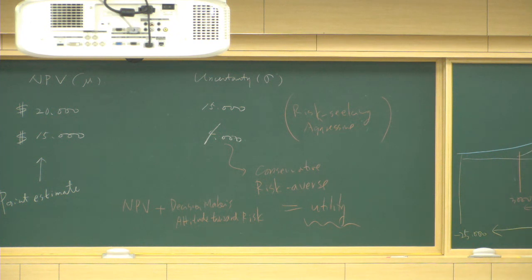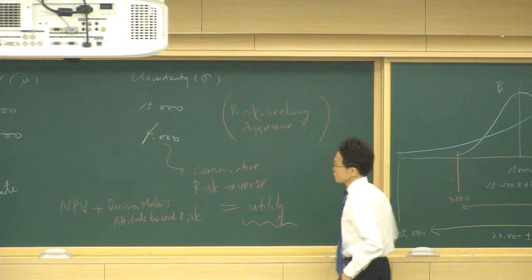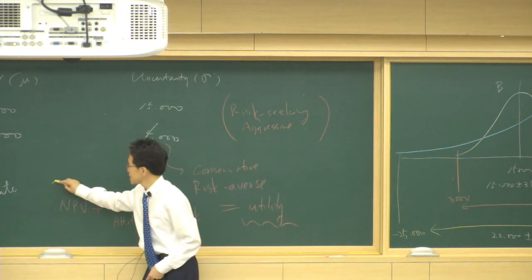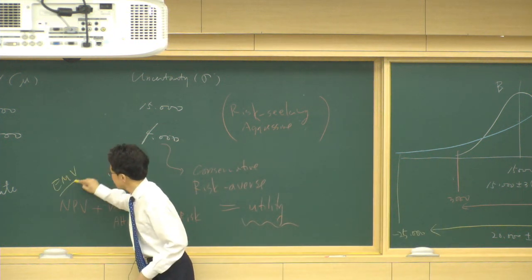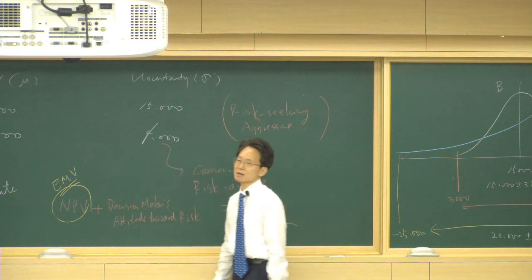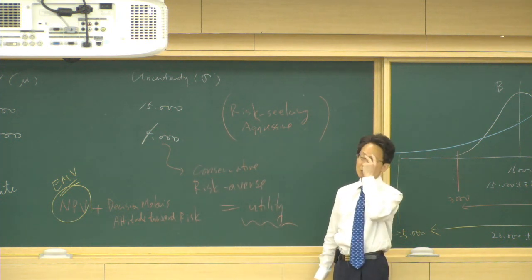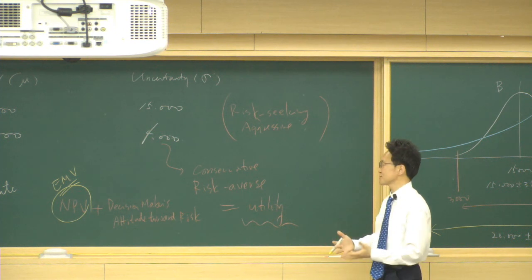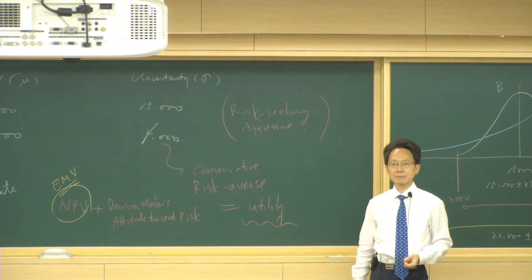So if you recall the decision tree analysis, we used the net present value. That's expected monetary value. When we talked about expected monetary value, that's basically net present value. But we did not try to incorporate the decision maker's very subjective attitude toward the risk.